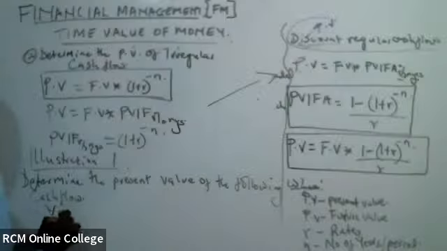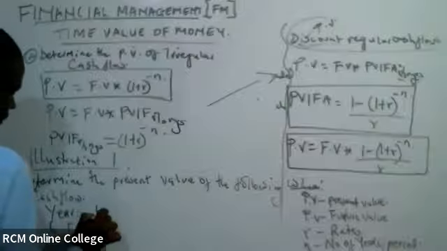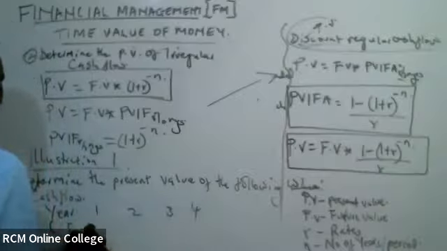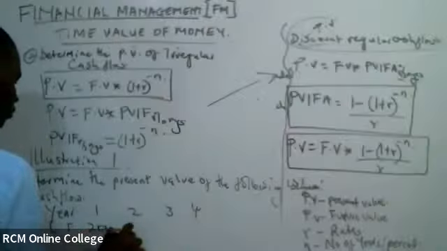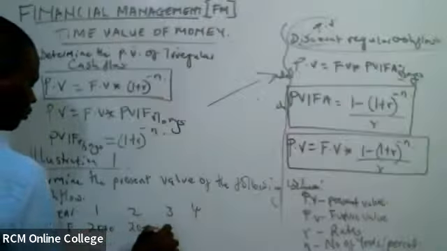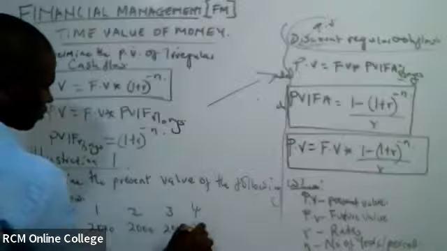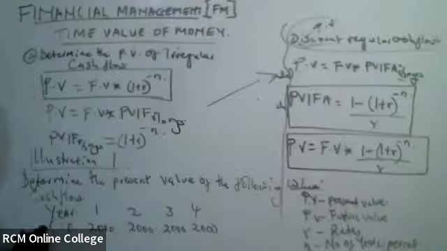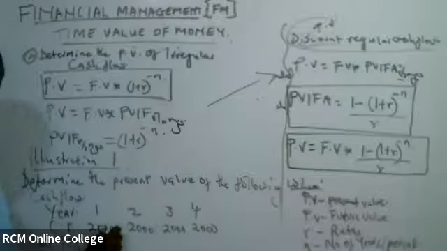You can have here cash flow. So year 1, 2, 3, and 4. And the cash flow for year 1 is 2,000, 2,000, 2,000, 2,000. Use 10% as the interest rate.